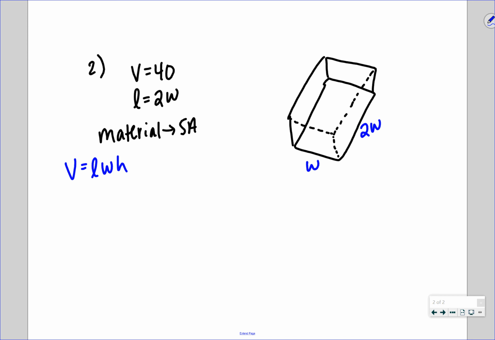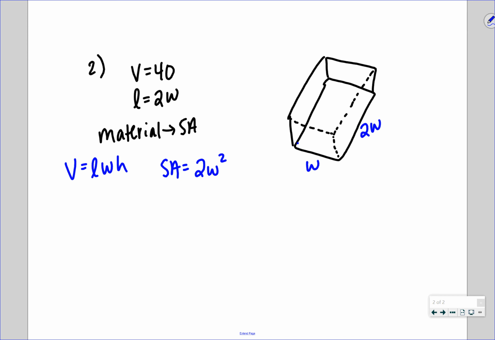And surface area is the area of the bottom. This whole bottom has an area of base times height, so width times 2 width, 2w squared. It is open top, so I don't have to do anything about it. And then look at its sides.